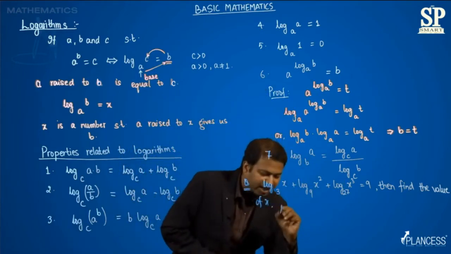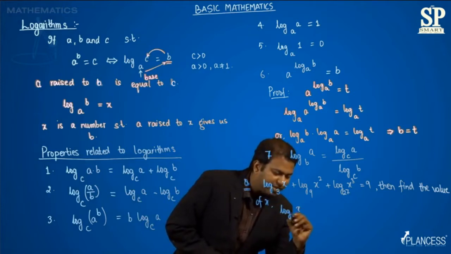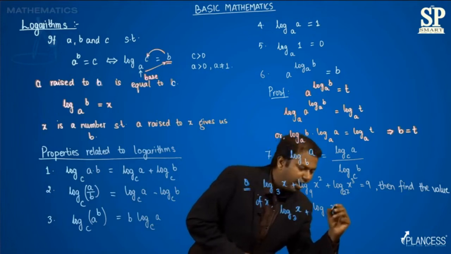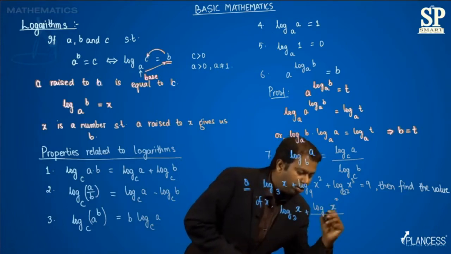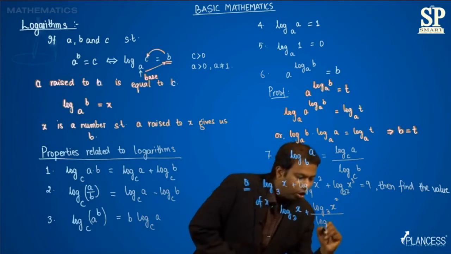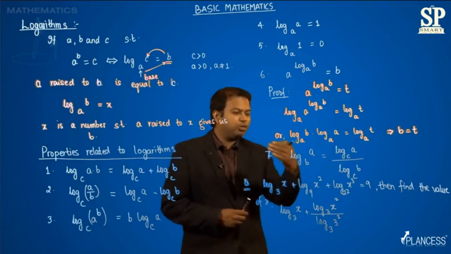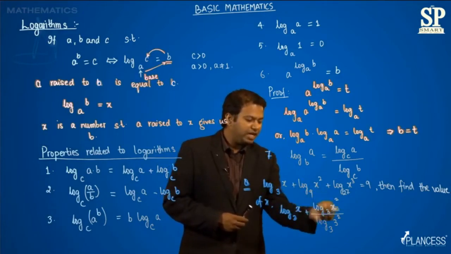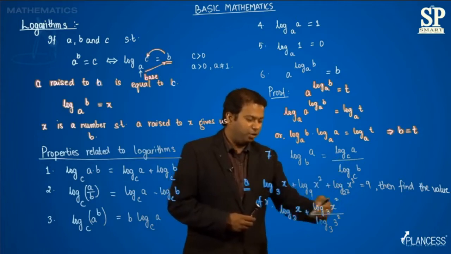So we can write this as log x base 3 plus log x square upon, now let us take base 3 here, upon log 3 square base 3. Now here we are using the seventh property. We want the base to be 3, and hence we have written this in the fraction form.